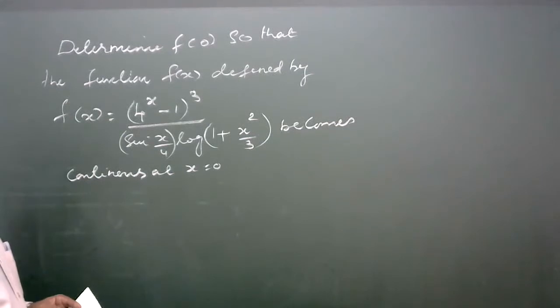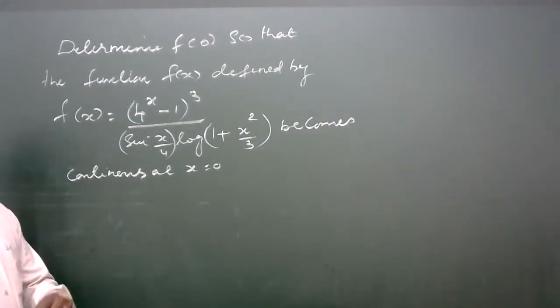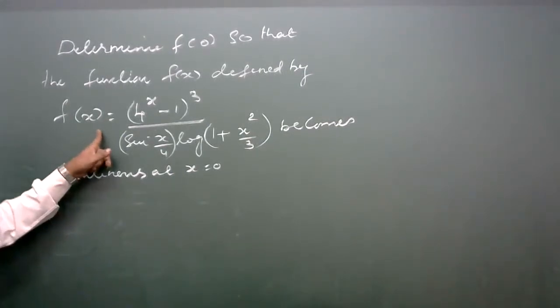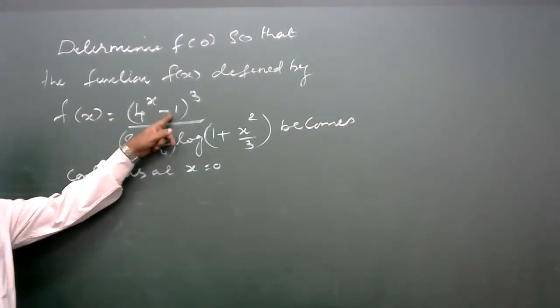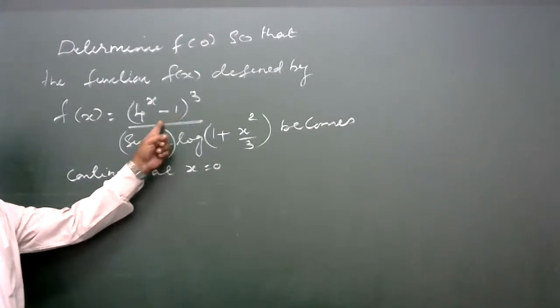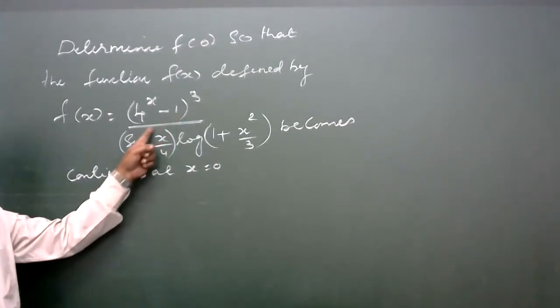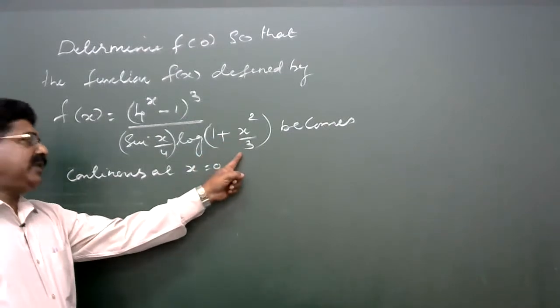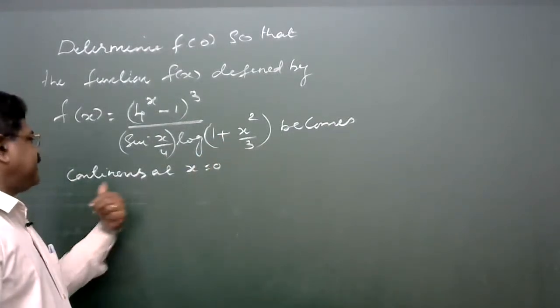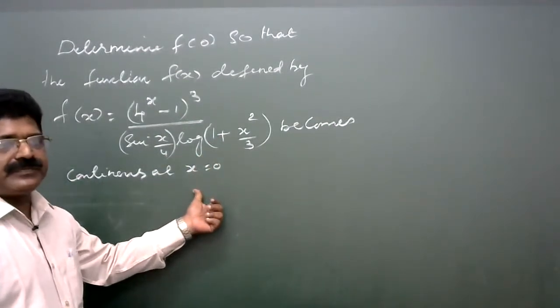Yes, students, the given function is f of x is equal to (4 to the power x minus 1) whole to the power 3 all upon sine x by 4 into log of 1 plus x squared upon 3 becomes continuous at x is equal to 0.